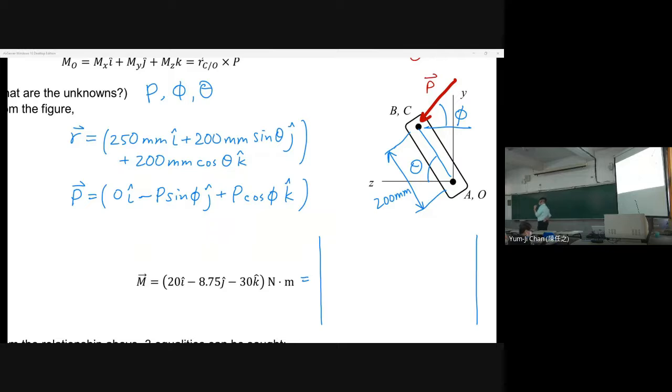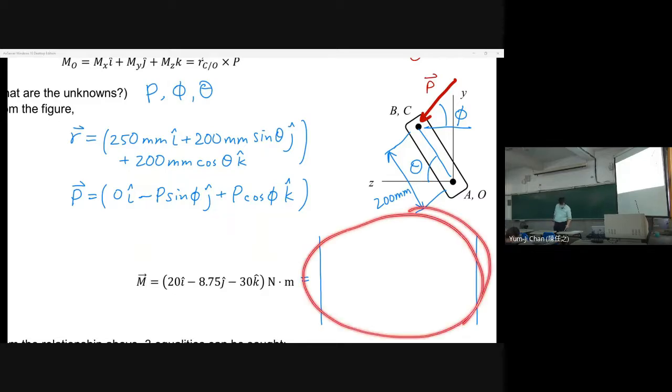In this question, we know M is equal to this one, and of course it is a determinant of something. For those who have finished writing, think about what we should write down here.